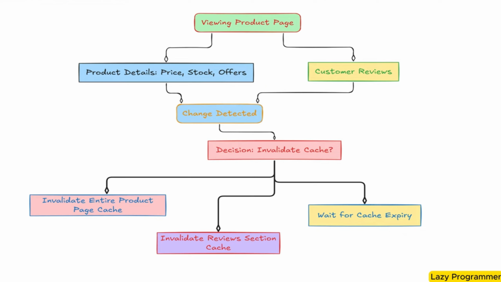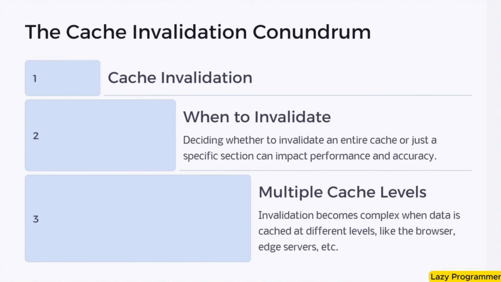For example, invalidating the entire cache impacts the performance because it has to update every data point for that product in cache. But if we invalidate a small section like reviews in this case, then there is a risk of showing outdated information. This problem becomes even more complicated when you consider that this data might be cached at so many levels, like in your browser or Amazon Edge servers and many more layers.